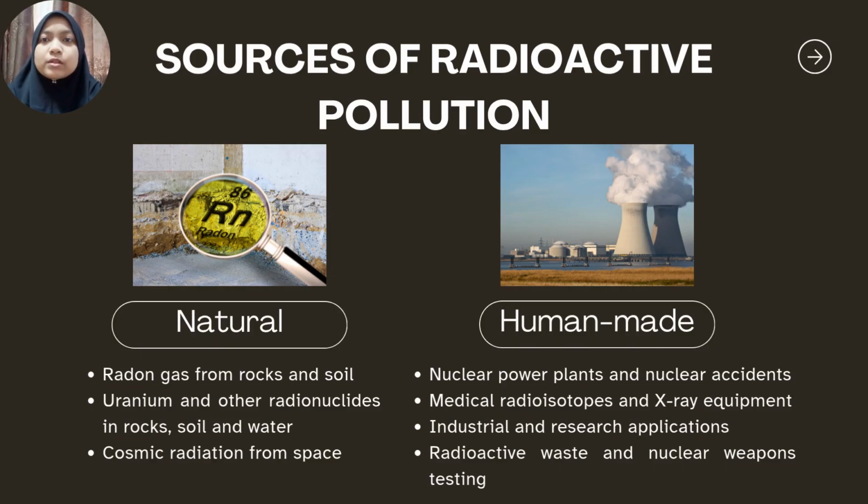For human-made sources, it can come from nuclear power plants and nuclear accidents, medical radioisotopes and X-ray equipment, industrial and research applications, as well as radioactive waste and nuclear weapons testing. So, radioactive pollution is not only caused by human activities, but it can also occur naturally in the environment.